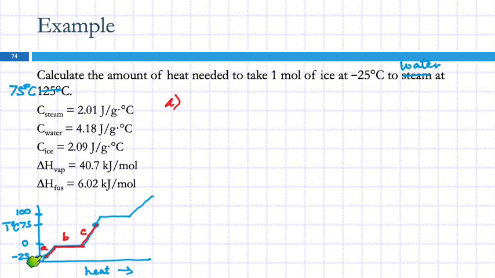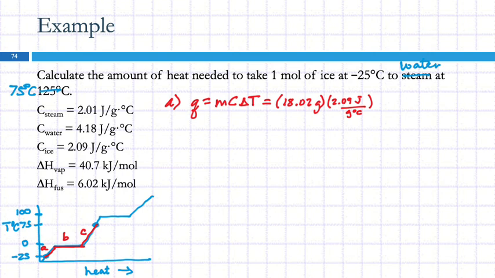So for A, we have temperature changing, and so we're going to use Q equals mc delta T. Well, we've got 1 mole of ice, so we need to find the mass of the ice in grams. That's going to be molar mass. And then we need the heat capacity of ice. So here we've been given steam, water, and ice, so we need the ice value, 2.09 joules per gram degree Celsius.